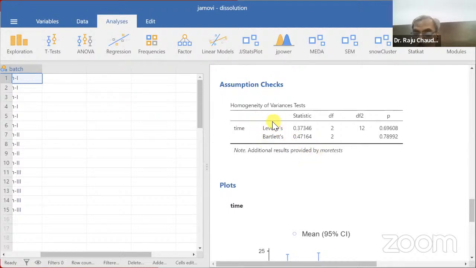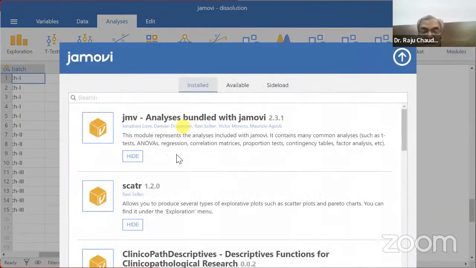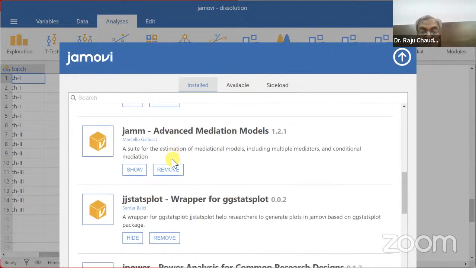If these tests are not appearing when you click on the homogeneity test, it is because they are available under the moretests module.